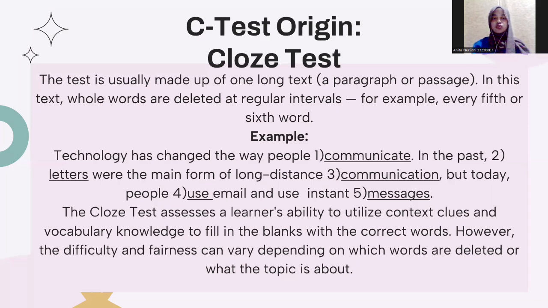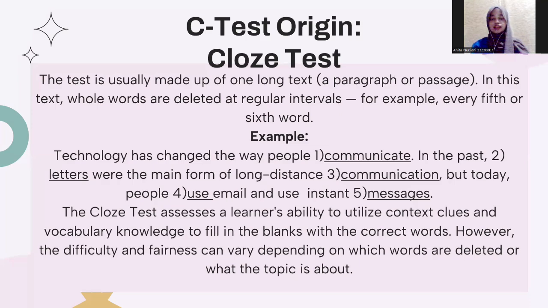A cloze test is usually made up of one long text. It can be a paragraph or passage, and in this text, whole words are deleted at regular intervals, like every fifth or sixth word. Like an example here from a passage, from number 1 to 5, there are supposed to be blank forms, and students have to answer with the correct words.